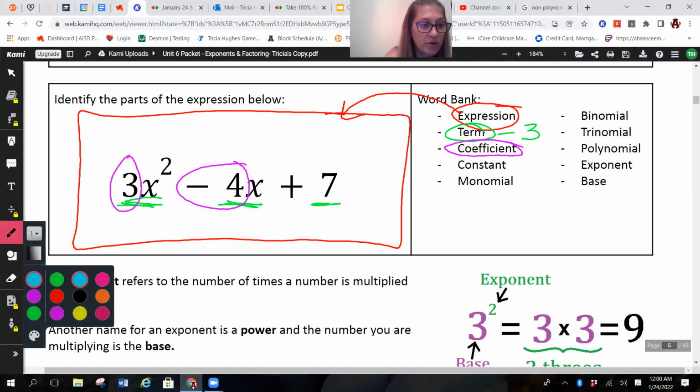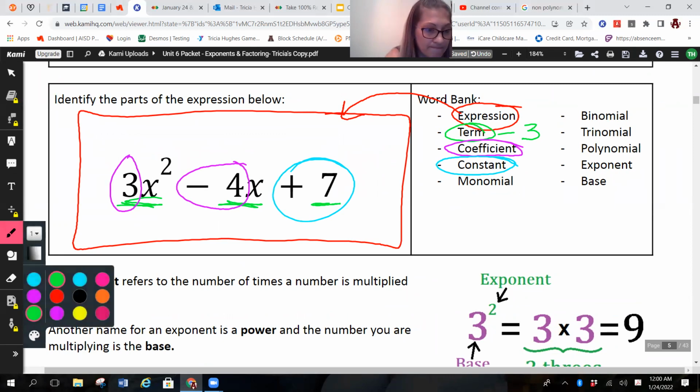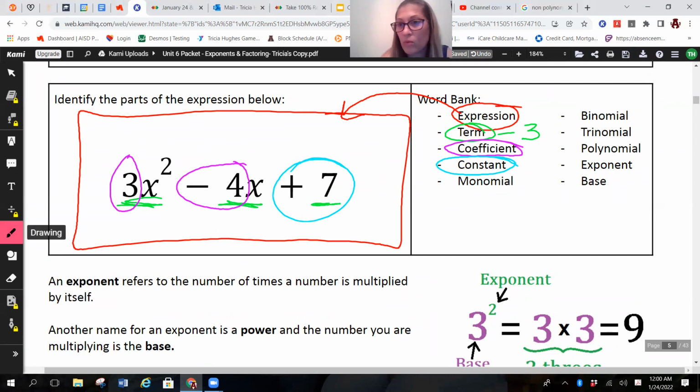Let's go to a new color, blue. A constant is a number by itself. 7 is a constant. Next, we'll go orange. Well, this is not a monomial because mono means 1. This is not a binomial. Binomial means 2, bi.